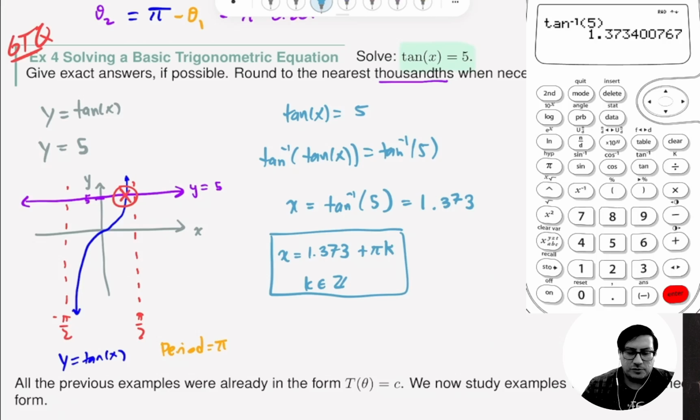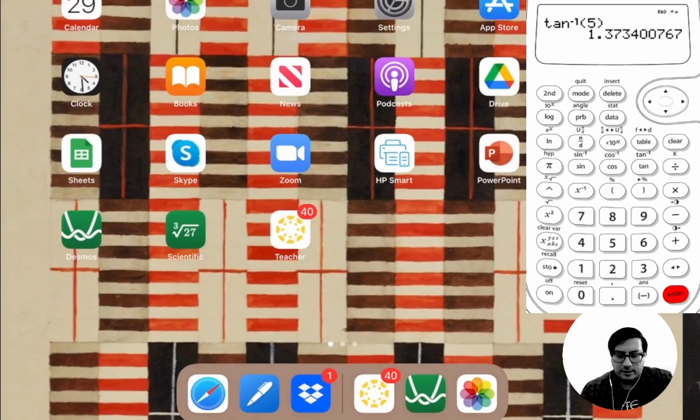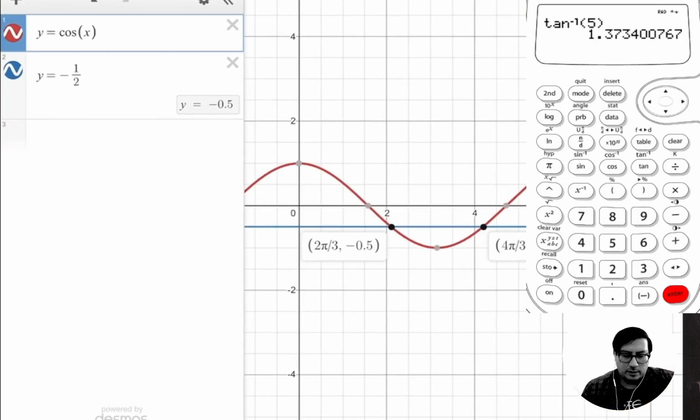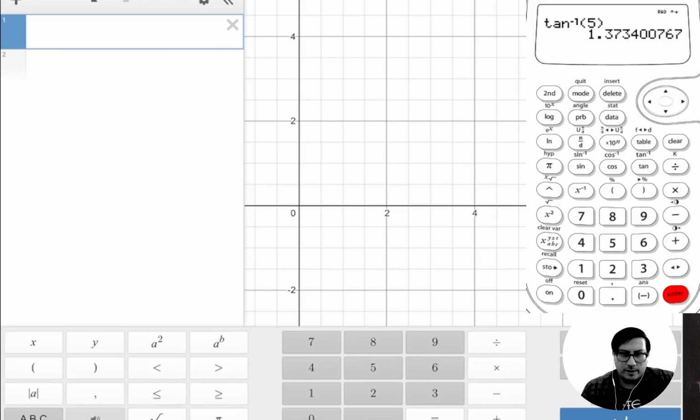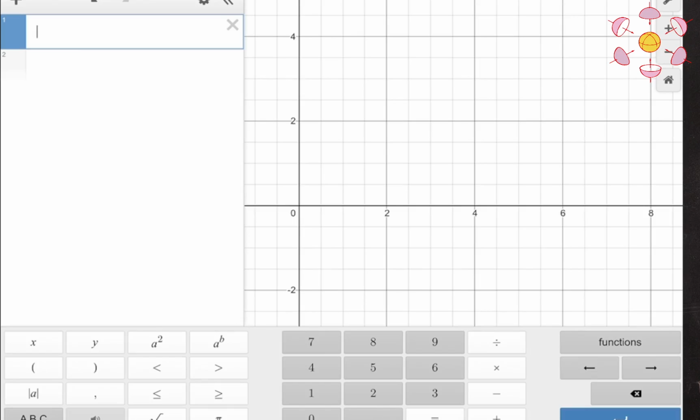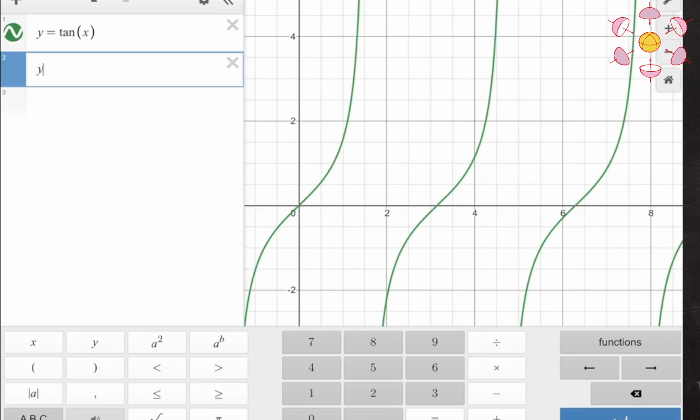Okay, so let's do this on Desmos just so that we make sure we understand the concepts. So let's delete these and let's draw, let me hide my face. Hide the calculator. Y equals tangent. Let's draw that first. Okay, and then y equals 5. Okay, and let's zoom out a little bit.